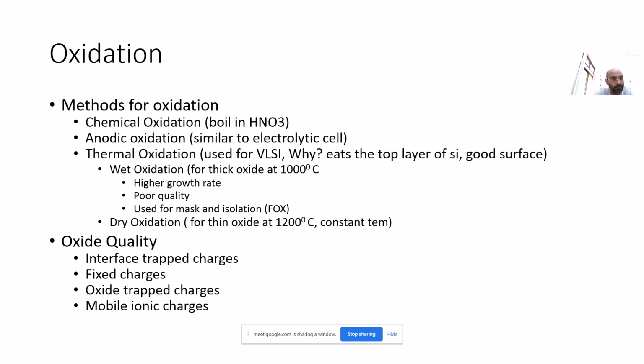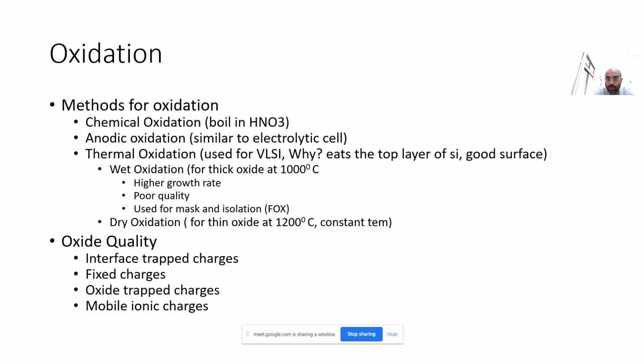That means that whatever thickness of layer you want to grow over the surface, the time it will take will be less. Let's suppose you want to grow a thick oxide layer.